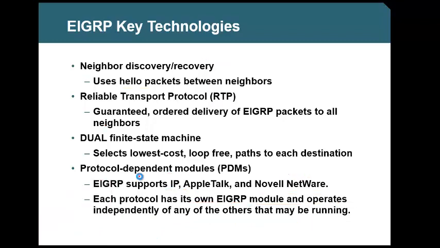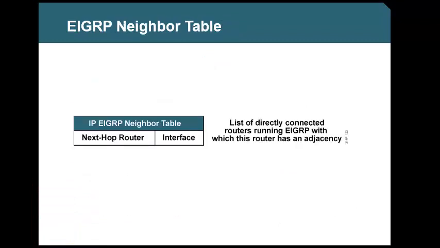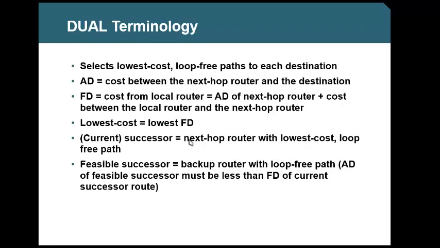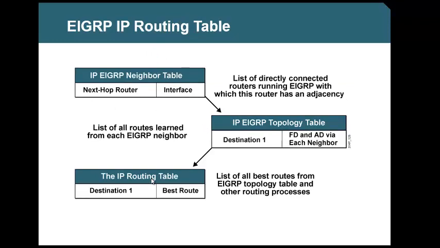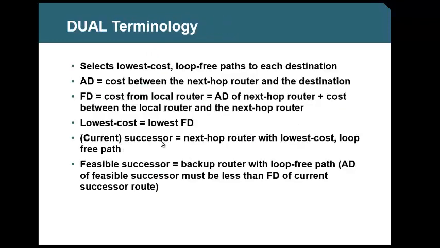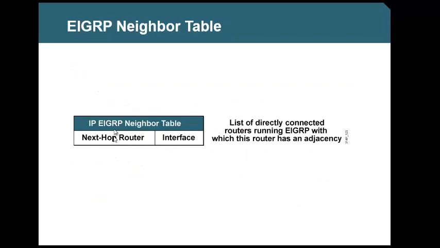Now EIGRP maintains three tables. One is the neighbor table, another one is the topology table, another one is the routing table. The neighbor table will have established neighbors, directly connected, the neighbor who is in the same subnet and same autonomous system number.